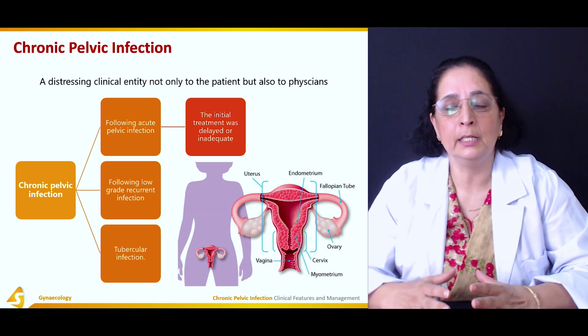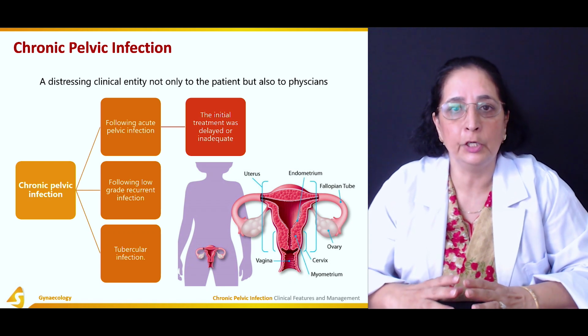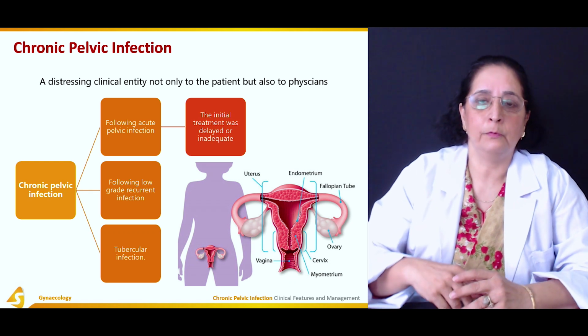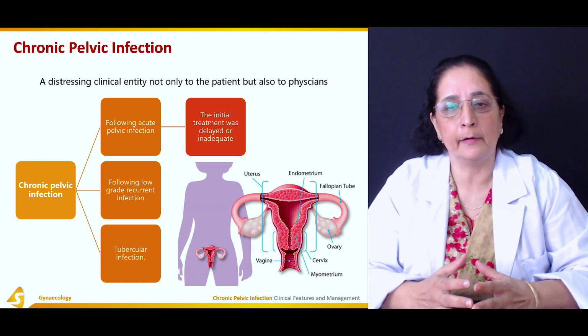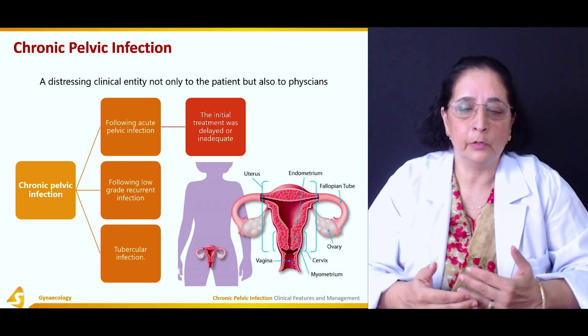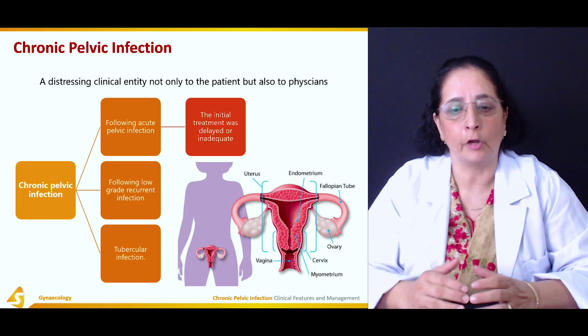So usually chronic infections are preceded by acute pelvic infections, or they may be following low-grade recurrent infections. Usually, if there are low-grade recurrent infections, they later on become chronic.